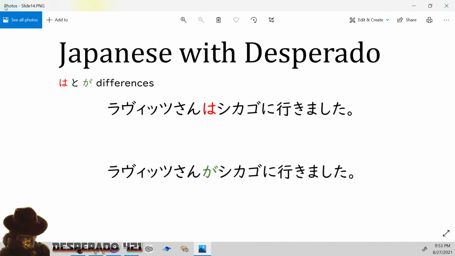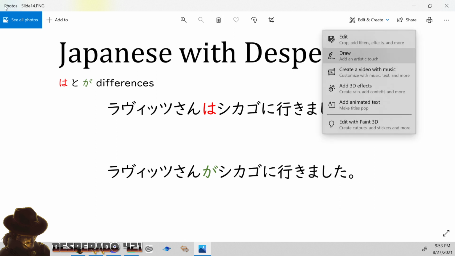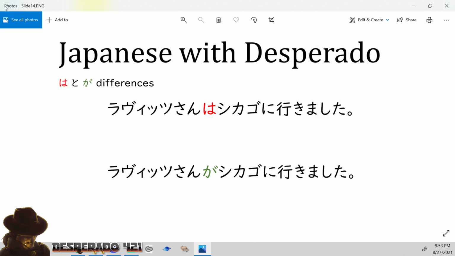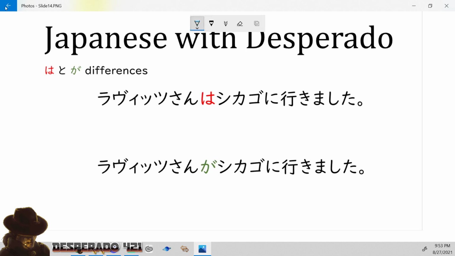Now, I remember we went over this before when we talked about the differences between using wa and ga in sentences. Do you remember this conversation? Is this about my hair again? This is not about your hair, because we're talking about Lavitz here. I've forgotten what Lavitz's one was.